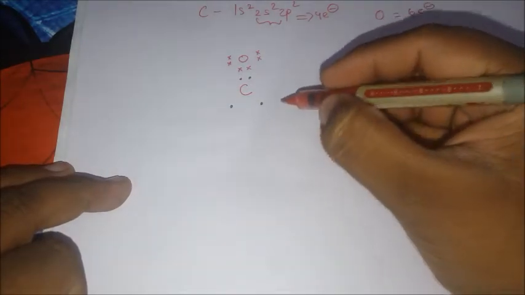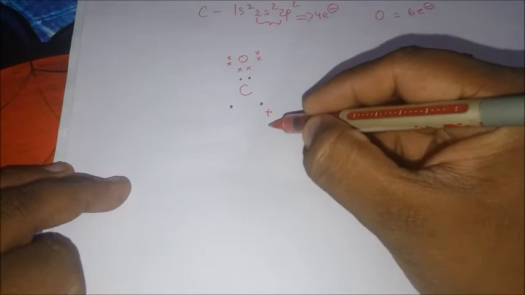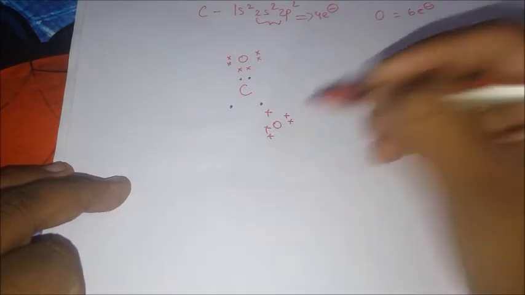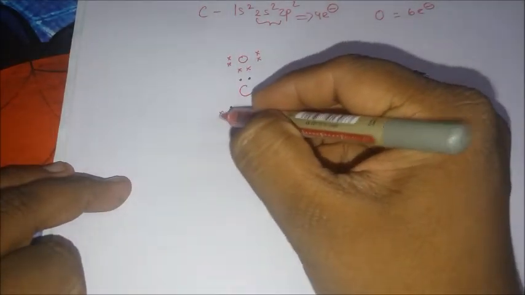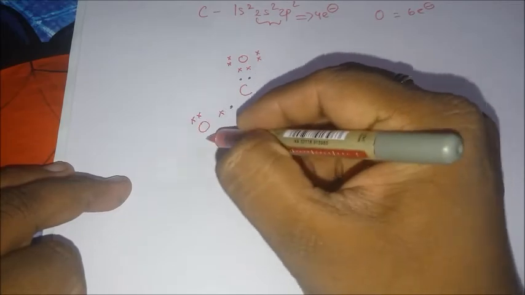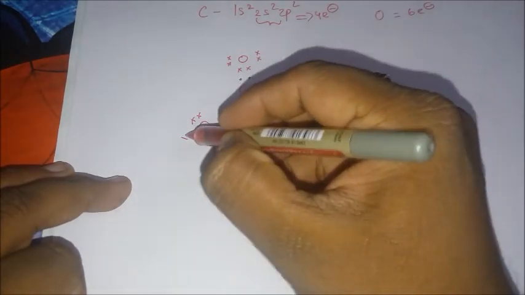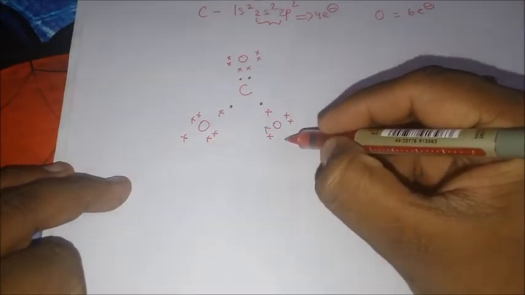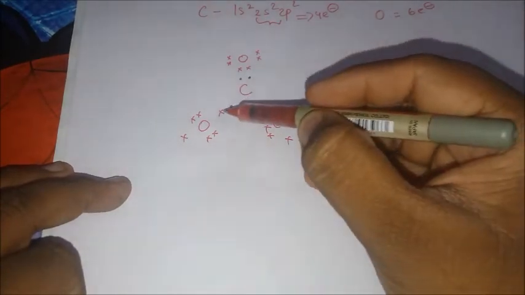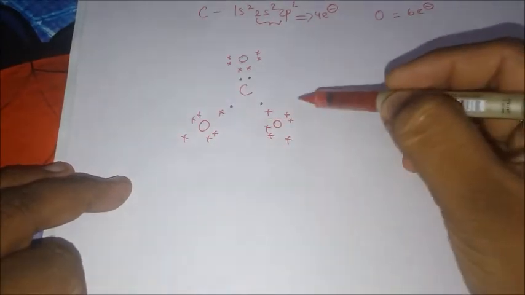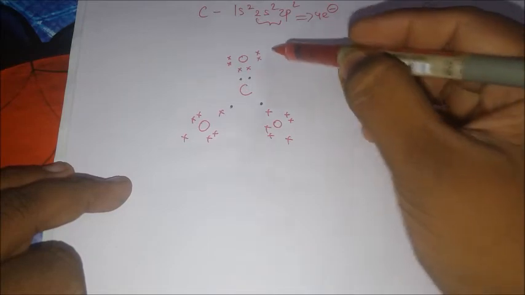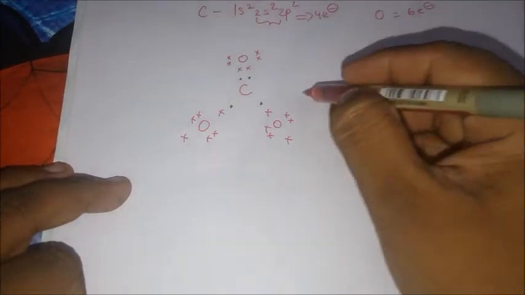The other oxygen will give 1 electron to this, and the remaining 2 electrons will be here. Again, another oxygen will give 1 more electron to this dot, and the remaining oxygen electrons will be here. Now if you look into the structure, 6 electrons of oxygen is here, 6 electrons of oxygen is here, and here also 6 electrons are balanced.